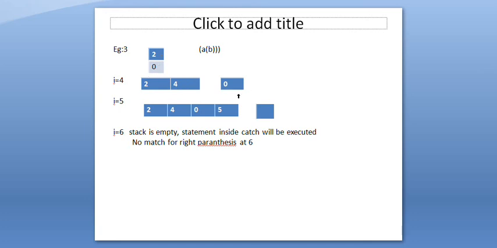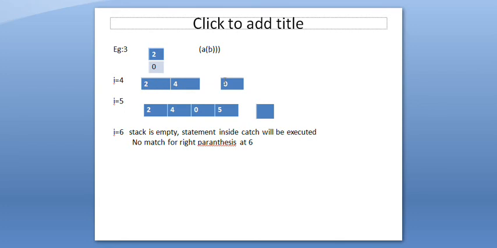So when i is equal to 4, because the positions are 0, 1, 2, 3, at the fourth position you have a right parenthesis. When you are working with the right parenthesis, when i is equal to 4, you get 2 and 4, which means for the right parenthesis at 4, its equivalent left parenthesis counterpart is at position 2.